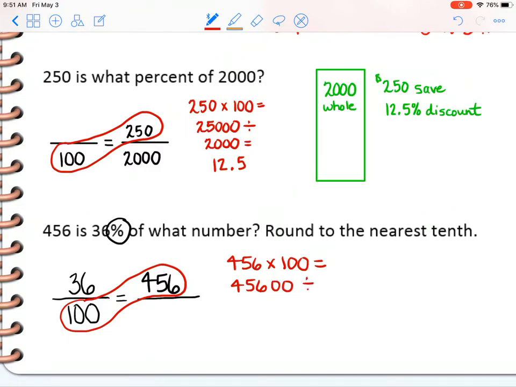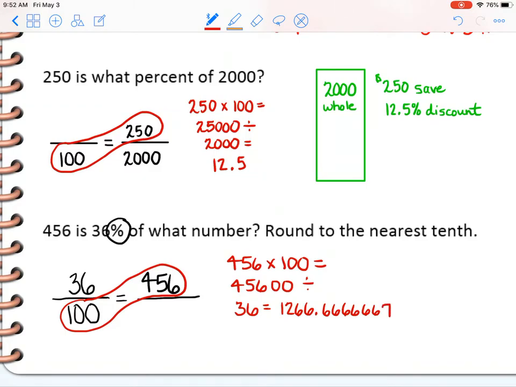Hit division. 36 is not in the peanut, so that's what you will divide by. So 456 times 100 equals, divide 36 equals, and this number is not very pretty. A bunch of 6s and a 7.